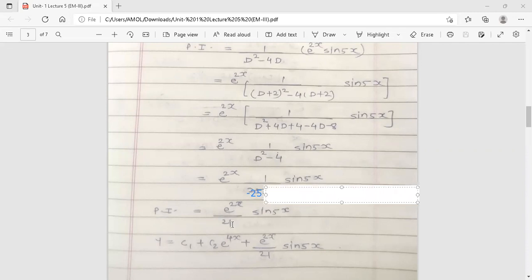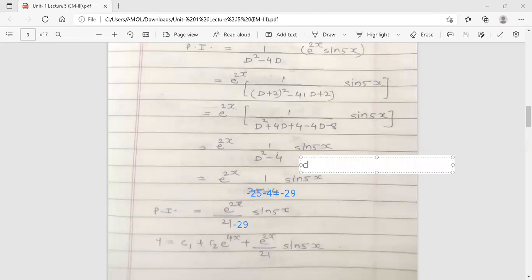Sorry. So the term is minus 29. So this is your answer, because we replaced D square by minus 25. So minus 25 minus 4 is minus 29.